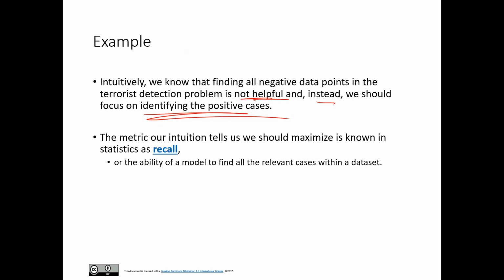So the metric our intuition tells us we should maximize, now that you know the definitions of the metrics, is known in statistics as the recall, right? Which I just defined. So the recall is the ability of a model to find all the relevant cases within the data set. And that's what we want.